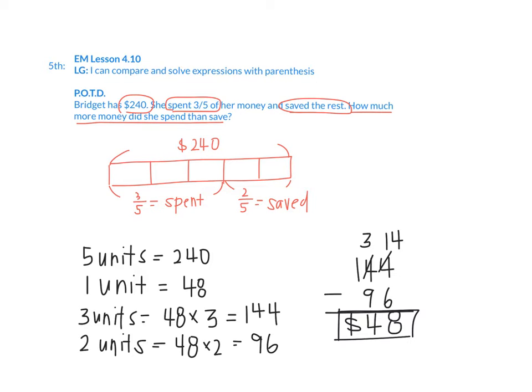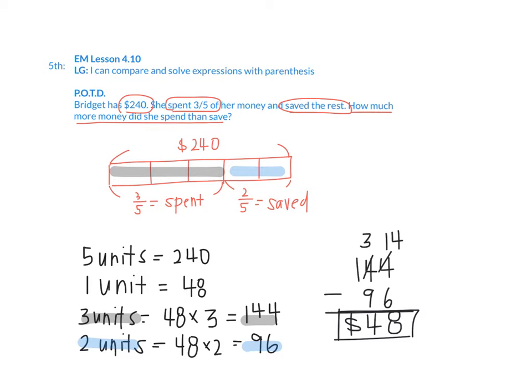Then to find 3 units, which is how much was spent, 1, 2, 3 units, that's $144. Then 2 units were saved, so that equals 96. Then to find the difference, I had to do 144, the amount that he spent, and take away 96, the amount that he saved, and find that the difference was $48.